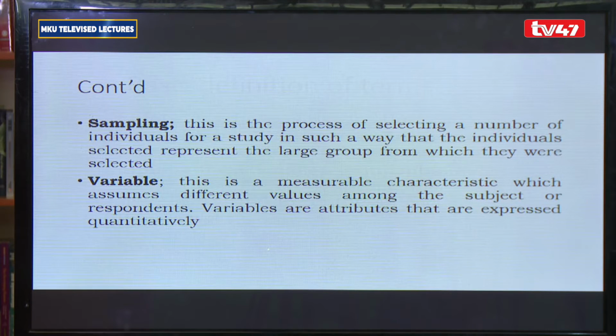One, we talk about probability sampling, where each and every member of the target population has an equal and non-zero chance of being selected into the sample. And this method, the probability method, has its own variants.